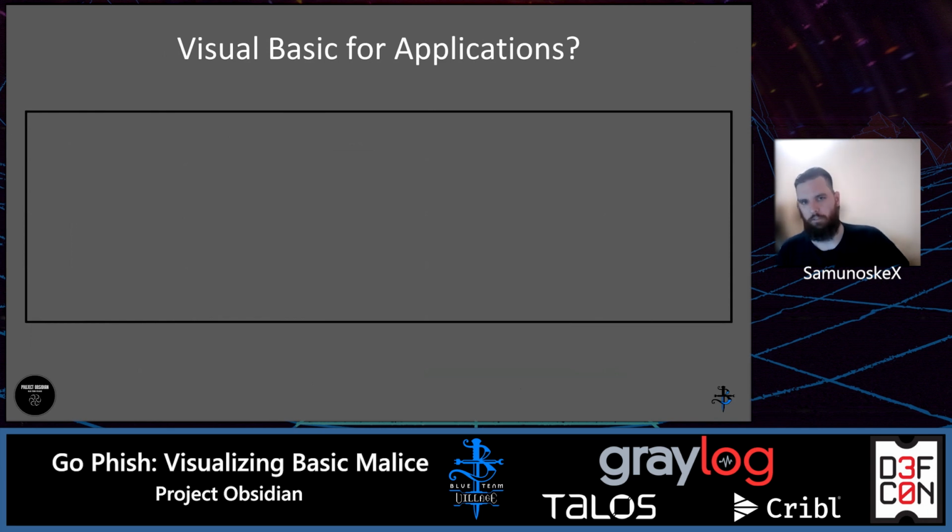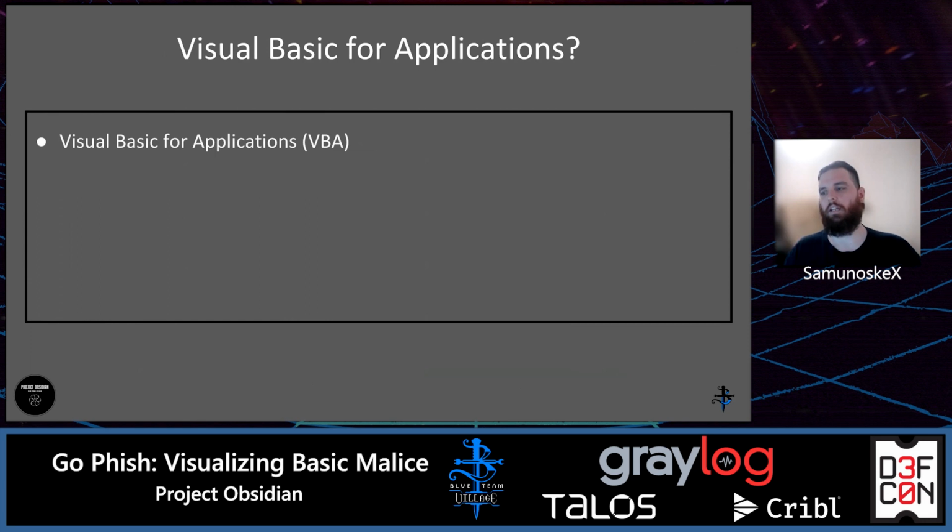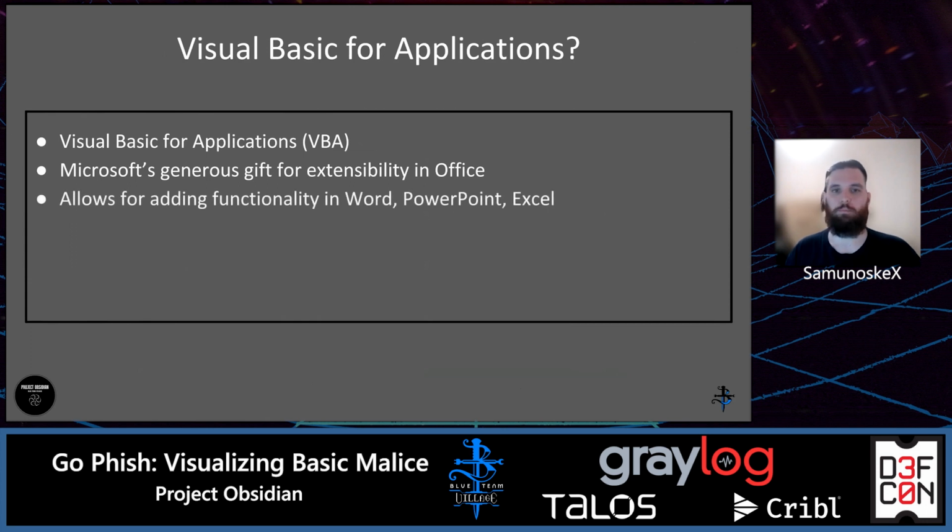So Visual Basic for Applications. We call it VBA for short, but it's Microsoft's generous gift for extensibility in Office. What this does is allow for adding functionality in Microsoft Word, PowerPoint, Excel, Access, Microsoft Project, I believe, or Publisher.